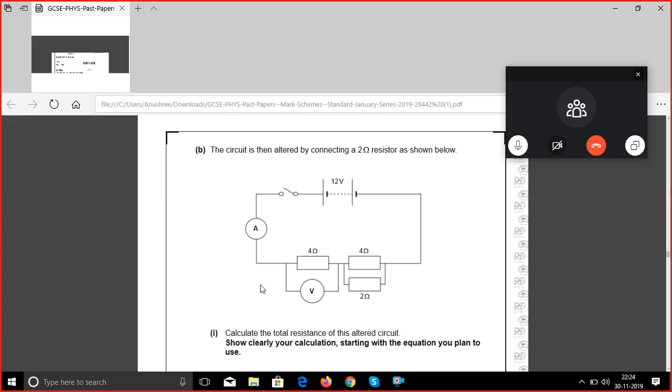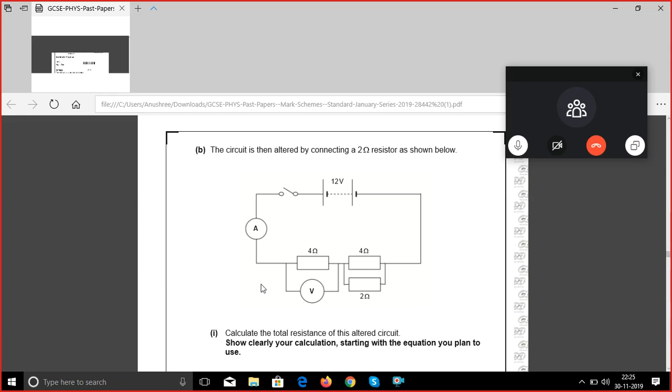So there's an additional 2 ohm resistor, and before we had the resistance was 8, but now it's 10.